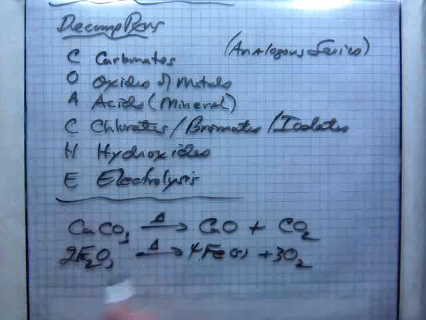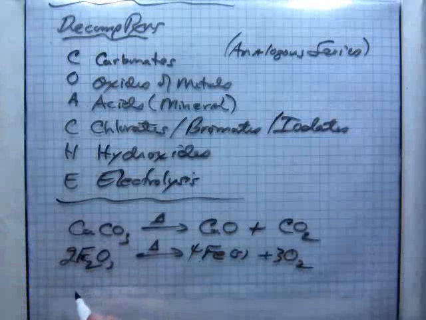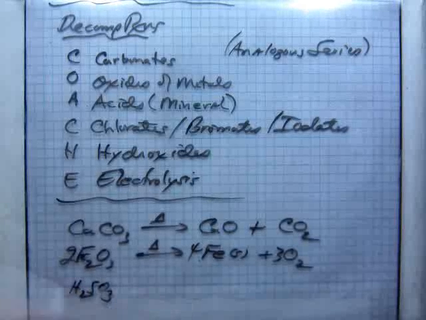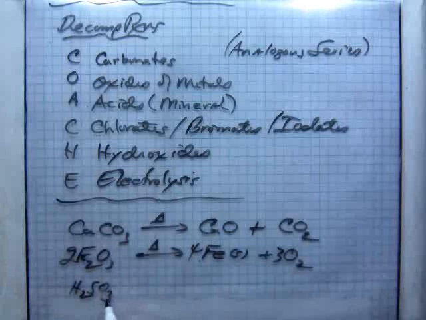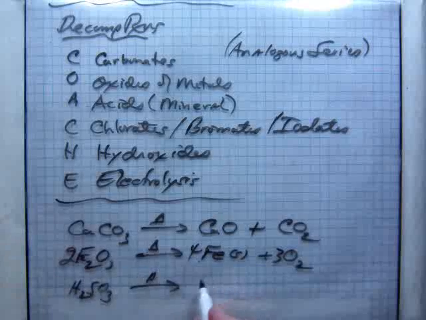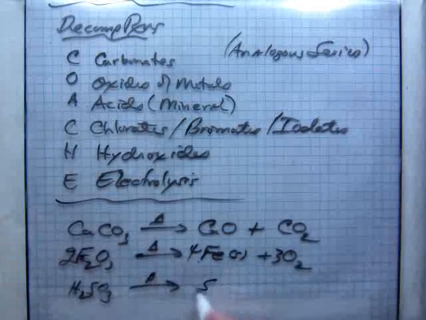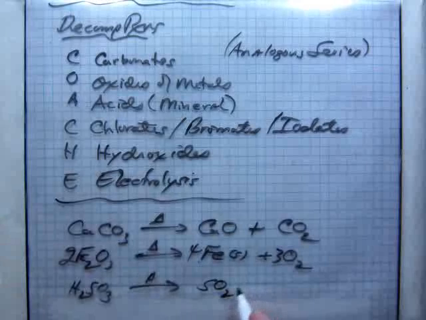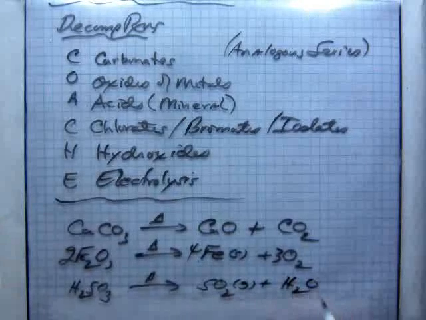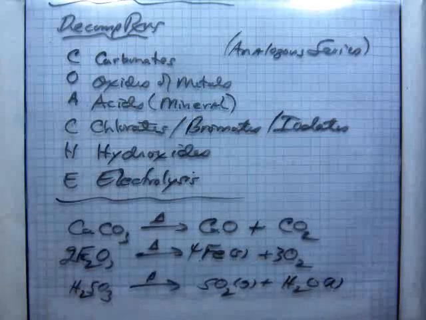Acids. Now, if we took H2SO3, so sulfurous acid, not H2SO4, and heated that, you'd get a non-metallic oxide. It steps down one oxygen, SO2 gas, and it goes to water as a liquid.